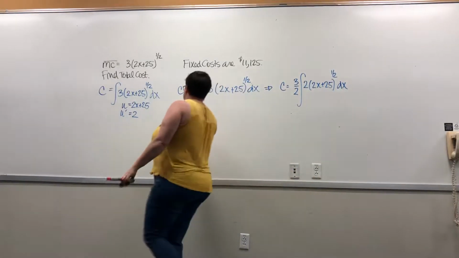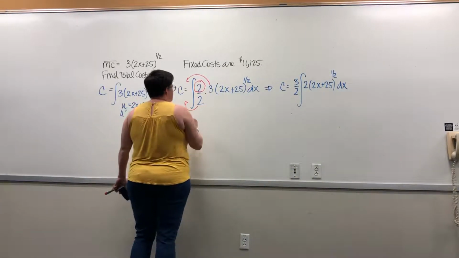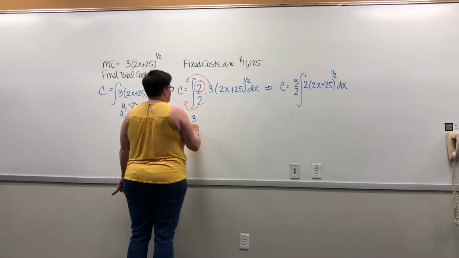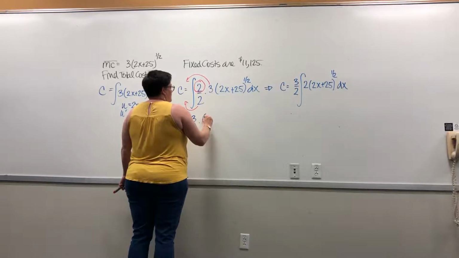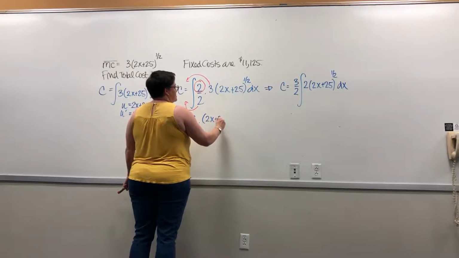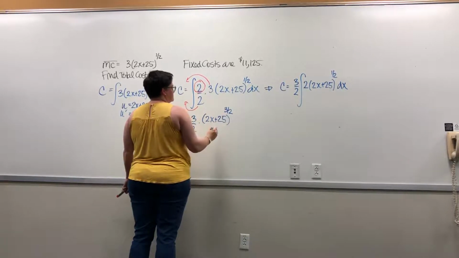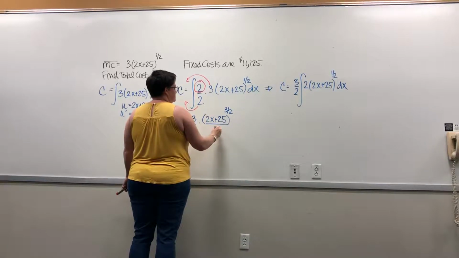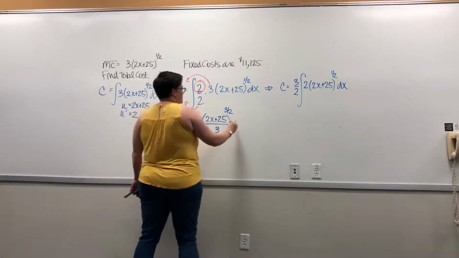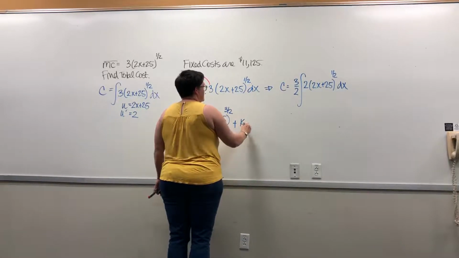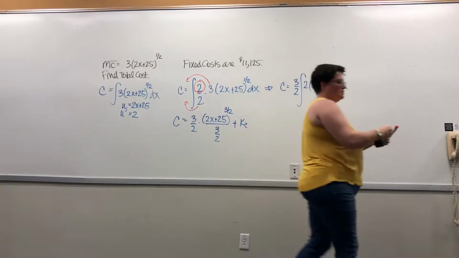And so what's my preliminary cost function when I integrate, guys? 2x plus 25 to the what power, over 3/2, plus some constant associated with cost.